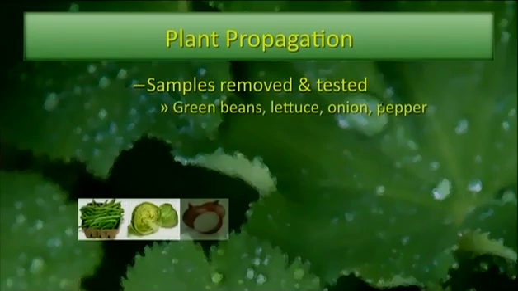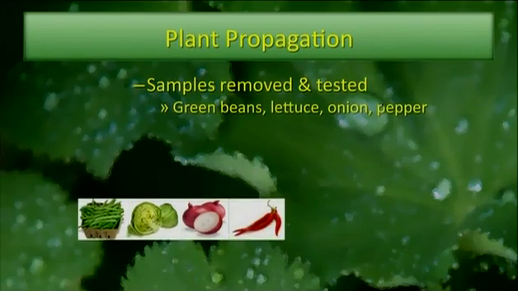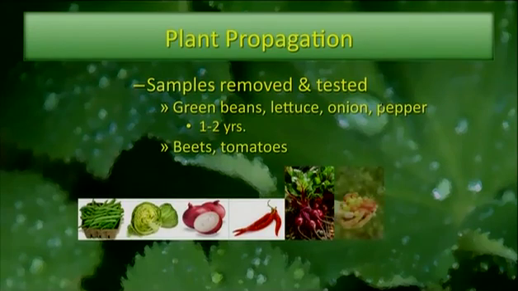Green beans, lettuce, onion and pepper tend to be viable for about 1 to 2 years. And beets and tomatoes tend to be viable for 5 years or longer, which can be remarkable. You need to store them under certain conditions to allow them to be viable for that long, though.